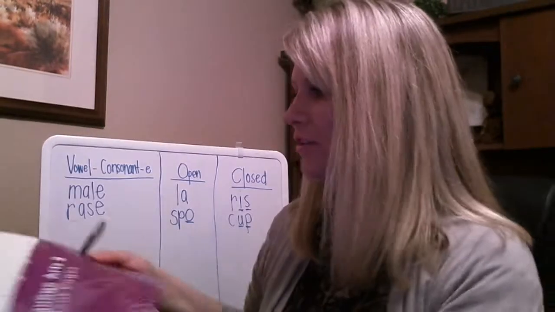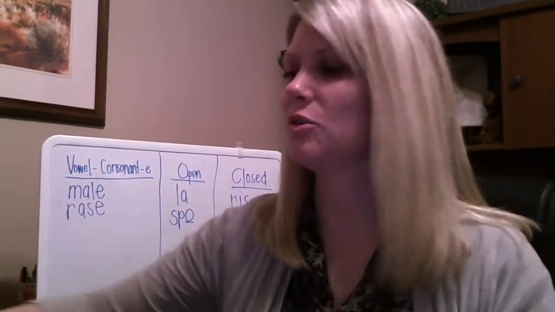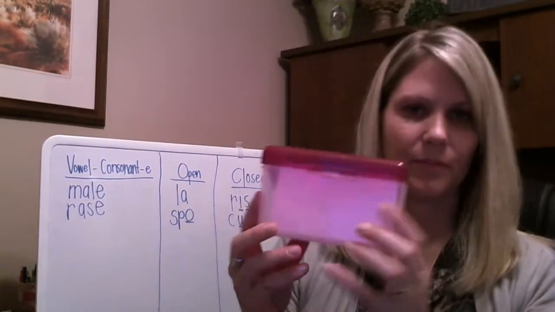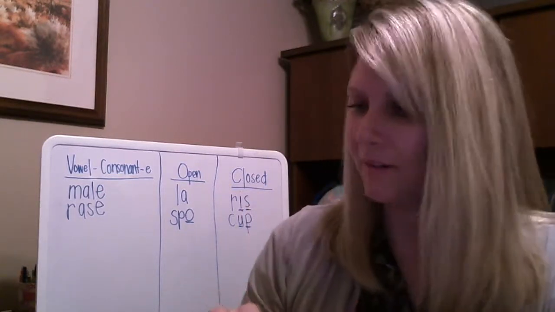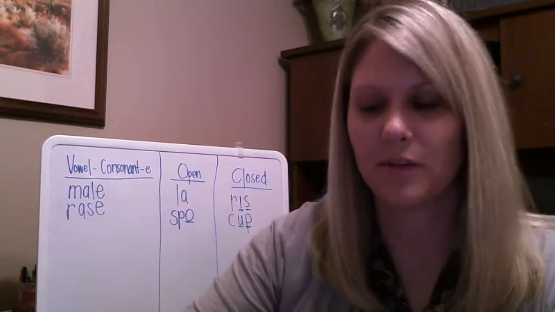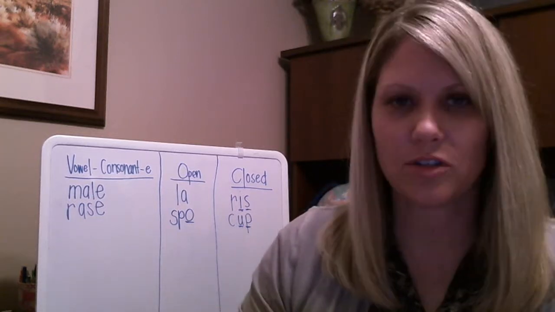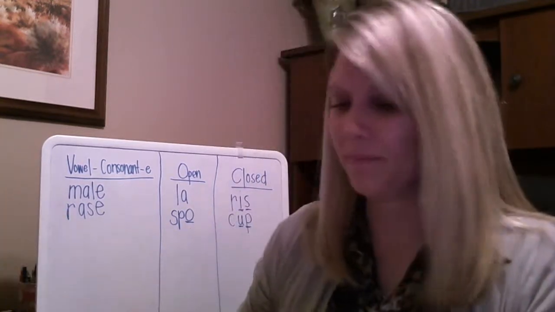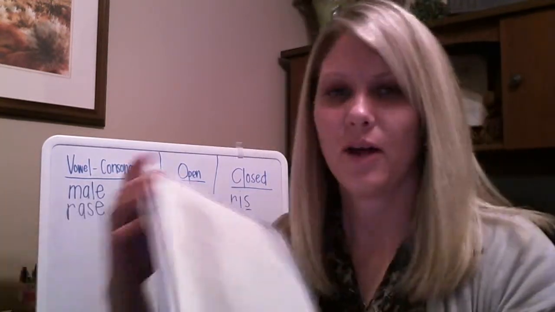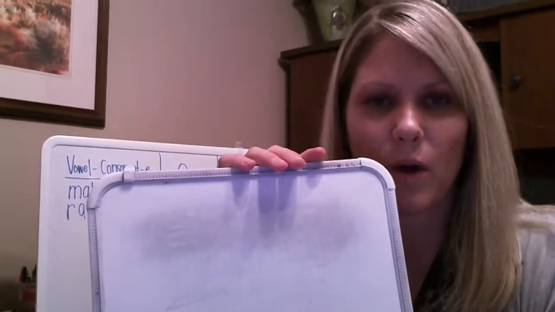assignments and you understand it, then you need to pull out your word box, and just like we always do, you'll take out all of the words that you're working on that you haven't passed off yet. Look at them. Write them on your whiteboard.